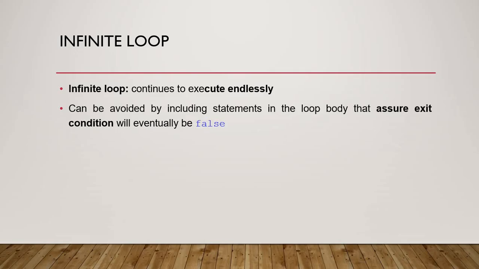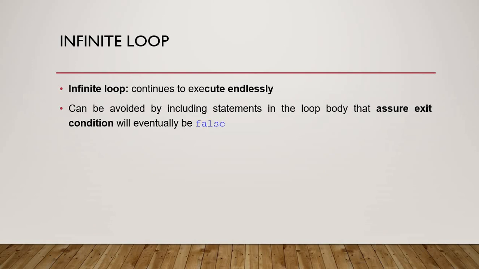For example, you need to update the I just now, I plus plus, at the end of the loop before you exit. Let's say you update by 1. Every time one repetition has been done, you increase the value of I. And finally, when I equal to 10, of course, the loop will end.